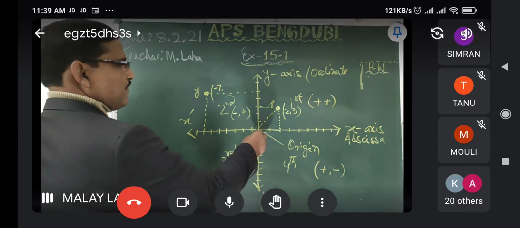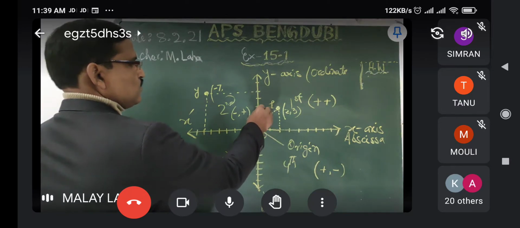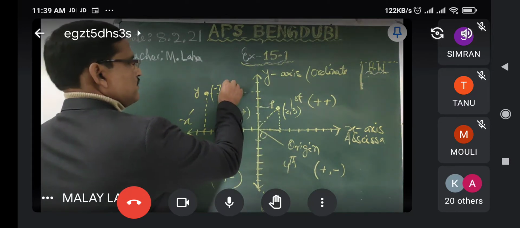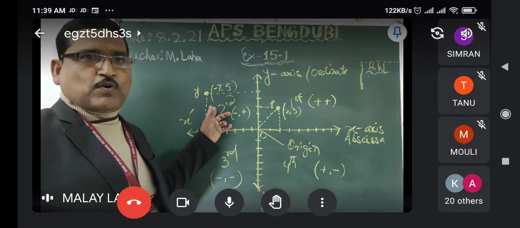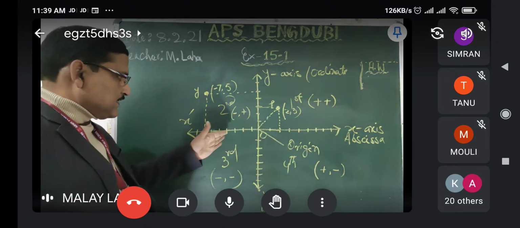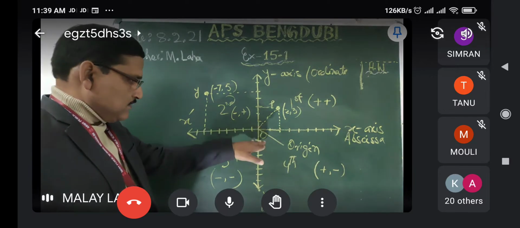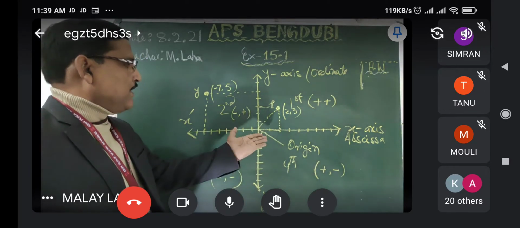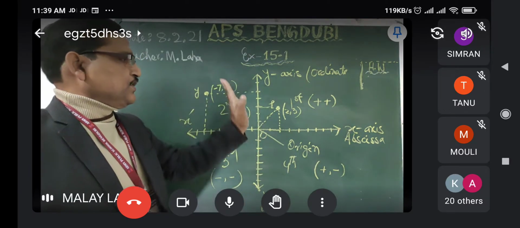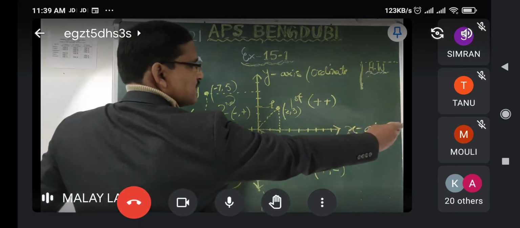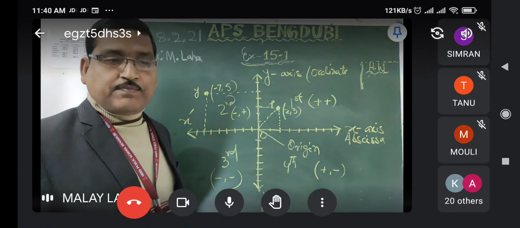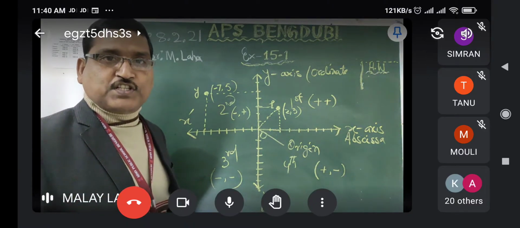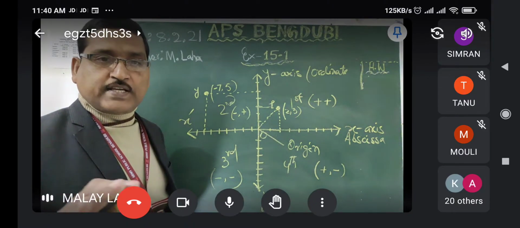And how much is it from the y-axis? 1, 2, 3, 4, 5. Positive. So the x-axis this side is negative, y-axis downward side is negative, y-axis upward side is positive, and x-axis right-hand side is positive. So we have to identify first which side is positive and which side is negative.